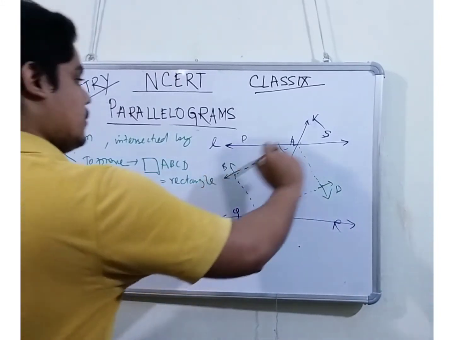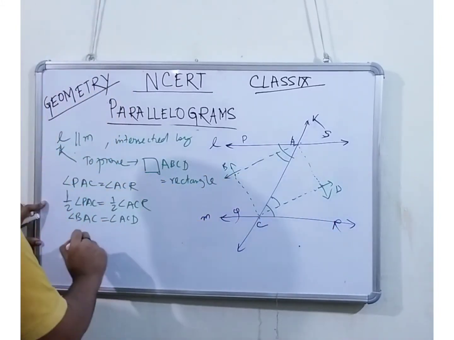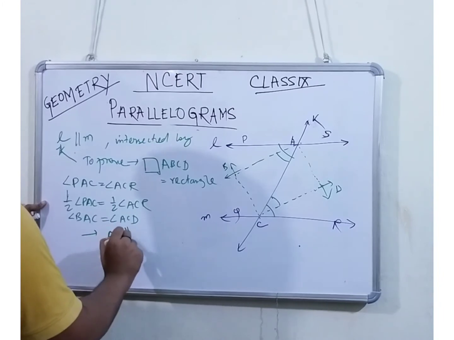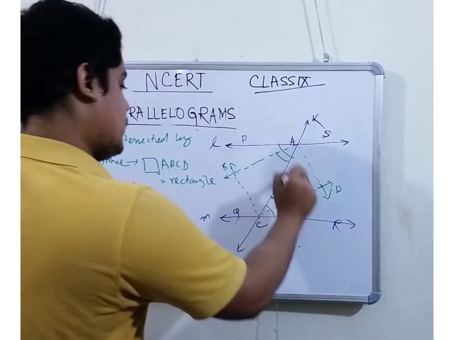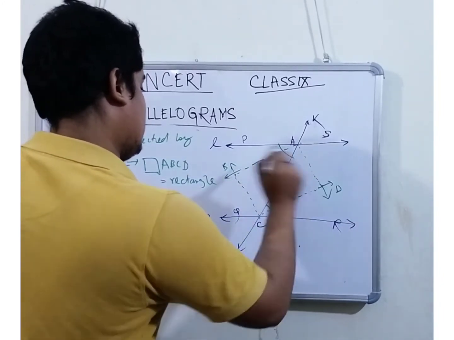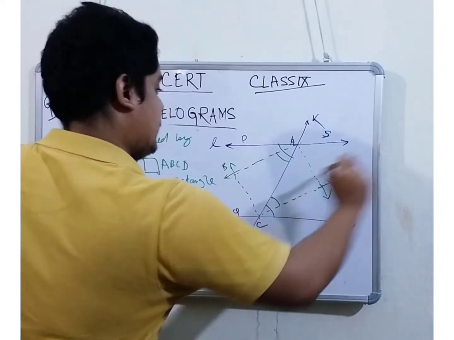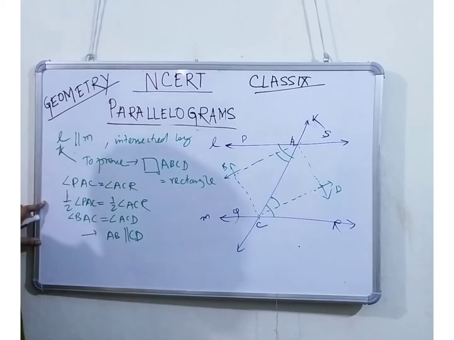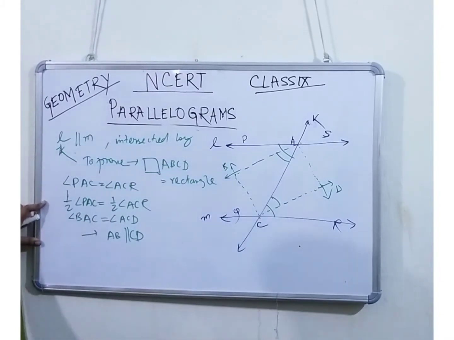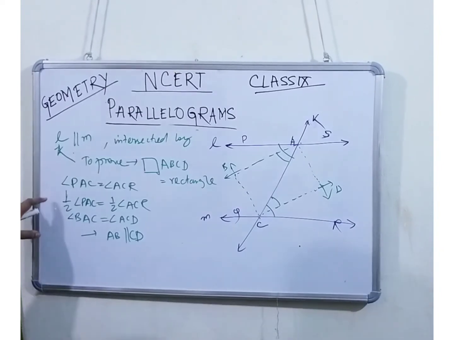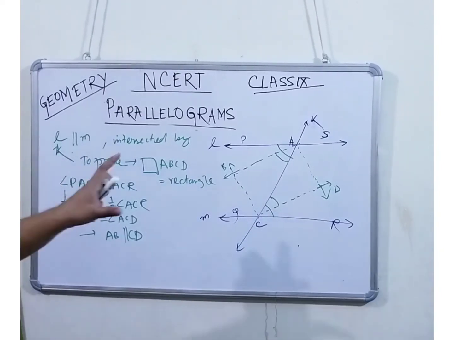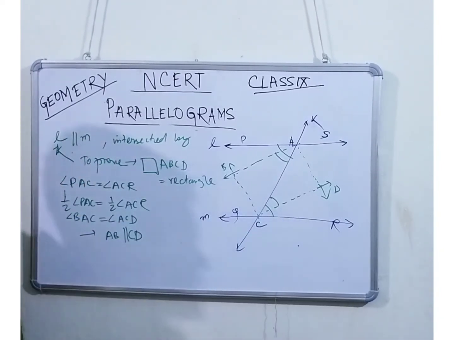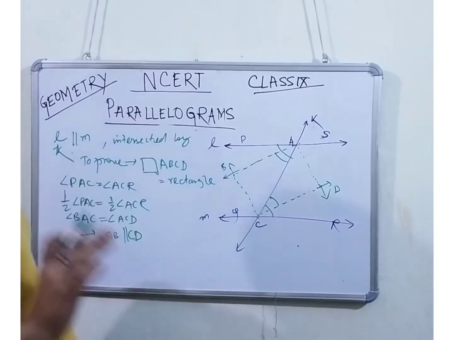So AB and CD will be parallel, because this is an alternate angle of this quadrilateral, where these two lines are parallel and it is a transversal. Because of that, these two alternate angles created are equal to each other. Now, the parallelogram is proved. Next we have to prove that this quadrilateral is a rectangle.